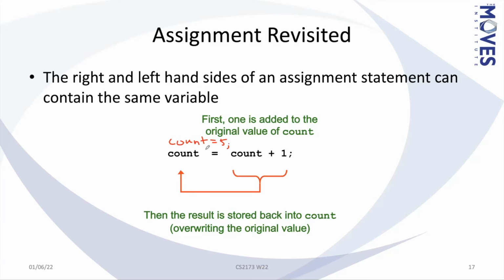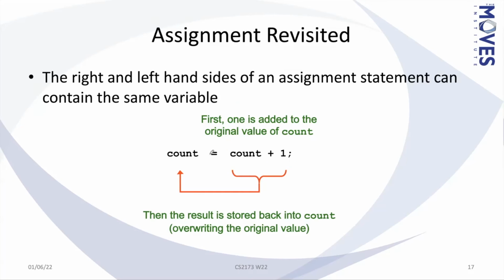Then what would happen? First it would evaluate this, and this would be 6. And then that value 6 would be assigned to the variable count, overwriting it. So when you execute this statement, the value of count is 5. When you execute this statement, it would evaluate the expression on the right and then assign it to the left.